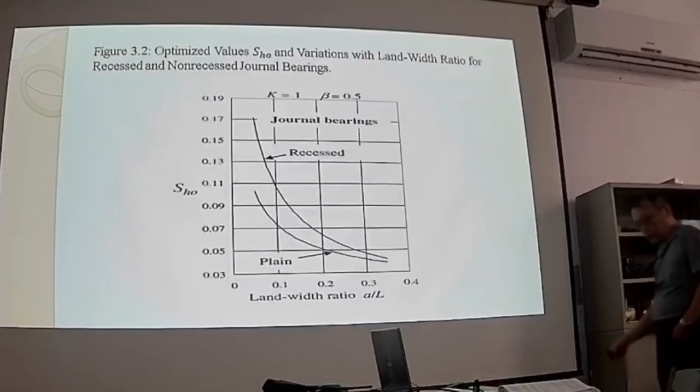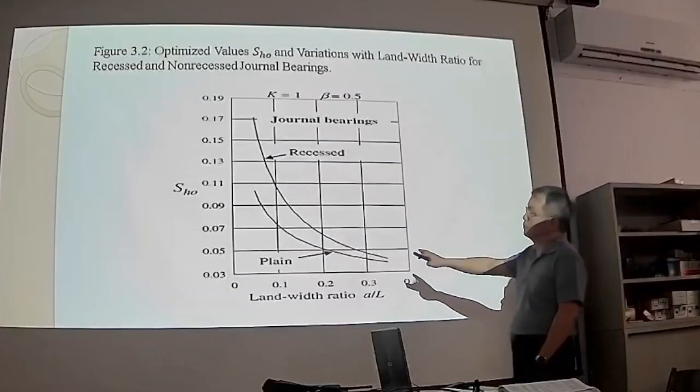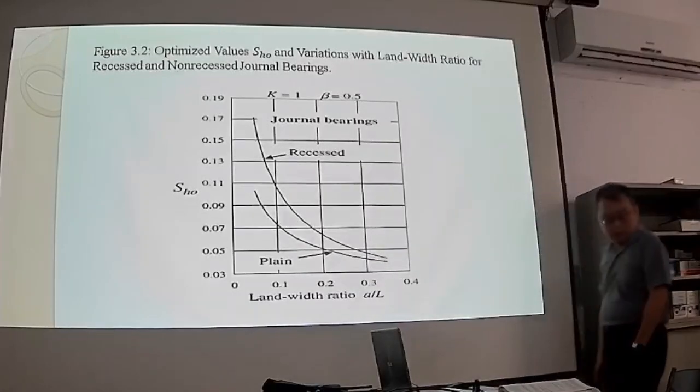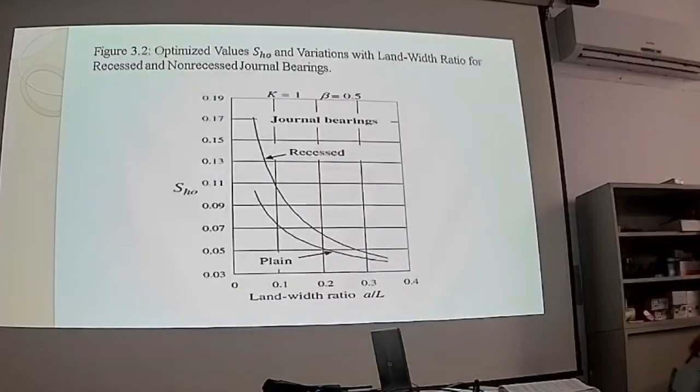One has recesses and one has none; this one has recesses. So it's similar. The horizontal is the land width ratio. The vertical one is the speed parameter, the optimum speed parameter. Of course, this chart is valid for the power ratio equal to 1, the pressure ratio equal to 0.5.